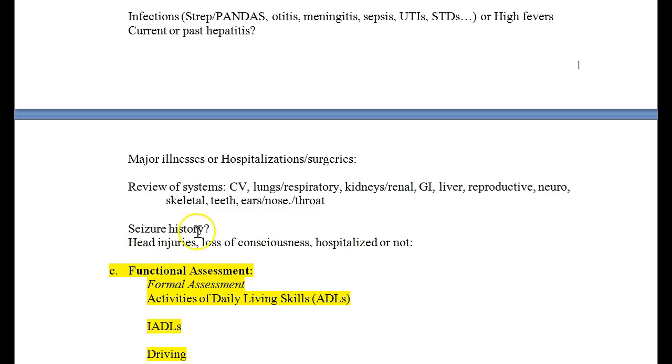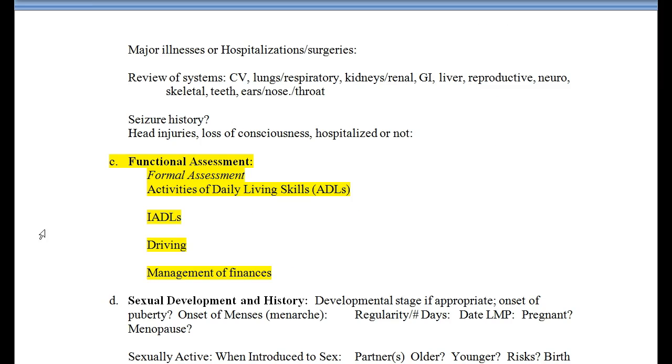You also want to know, has there been cognitive impairment, brain injury, seizures? There's also this functional assessment that you see. How well are people functioning in their day-to-day life? How does that relate to their health and wellness, and their ability to be able to give you accurate information perhaps and be able to follow a treatment plan?